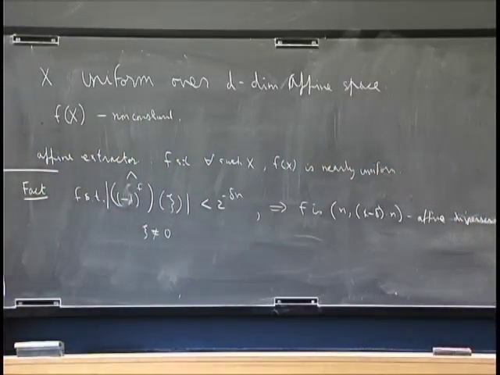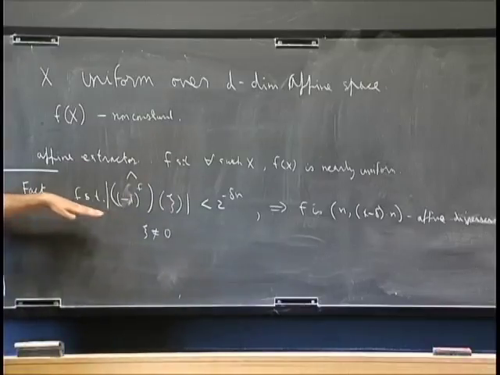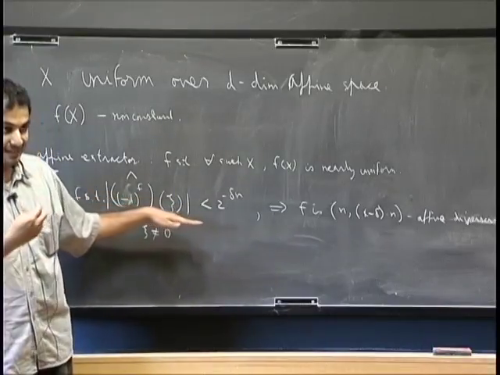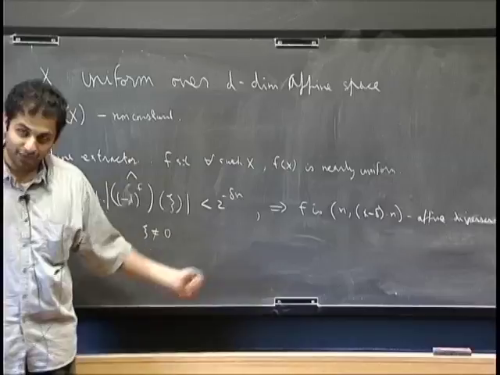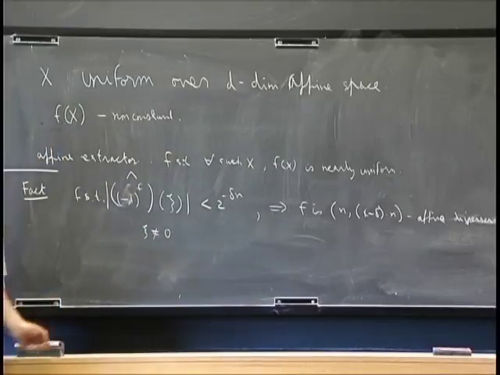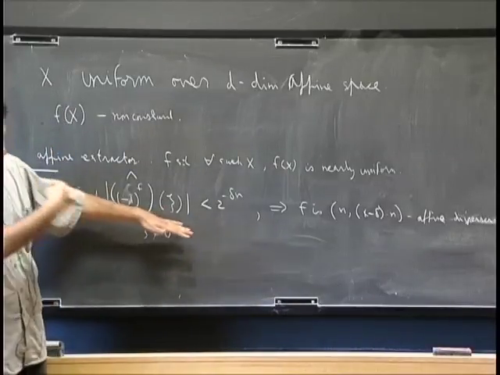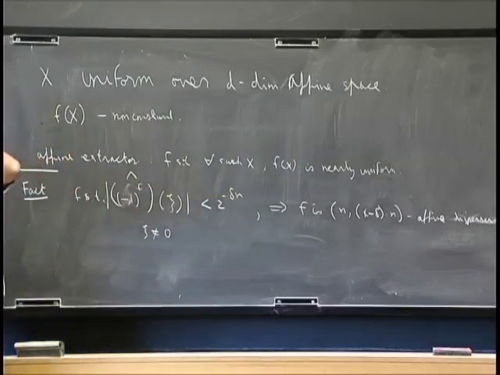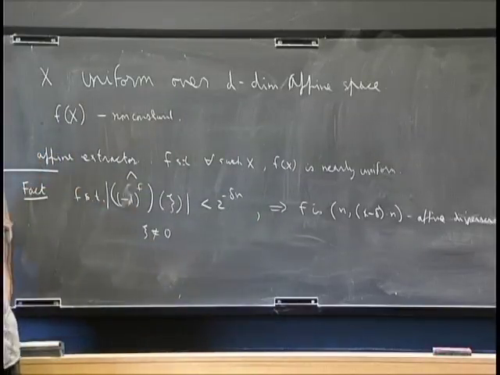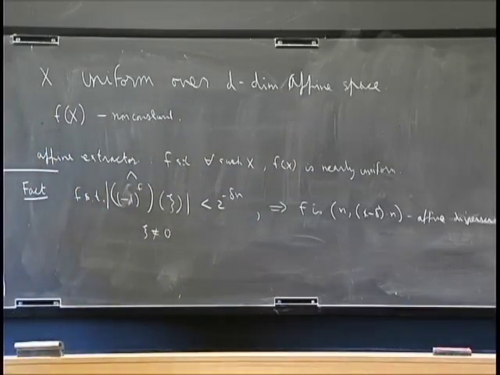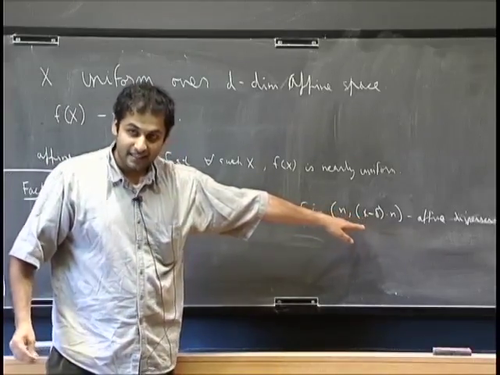Okay, and so since this is a Boolean function, we know that it will always have some Fourier coefficient that's larger than 2 to the minus n over 2, and so this general recipe for producing affine dispersers will not produce an affine disperser whose dimension is anything less than n over 2.